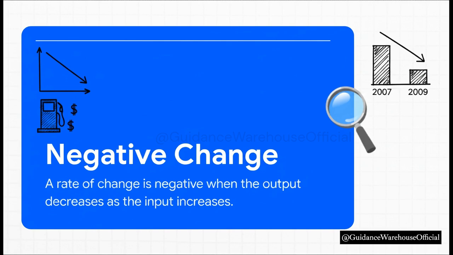If we plug those numbers into our formula, $2.41 minus $2.84 gives us a change of negative $0.43 over those 2 years. Divide that, and you get an average rate of change of negative $0.22 per year. It literally just means the output is going down while the input is going up.